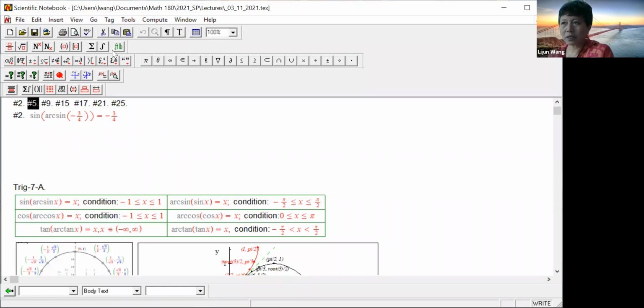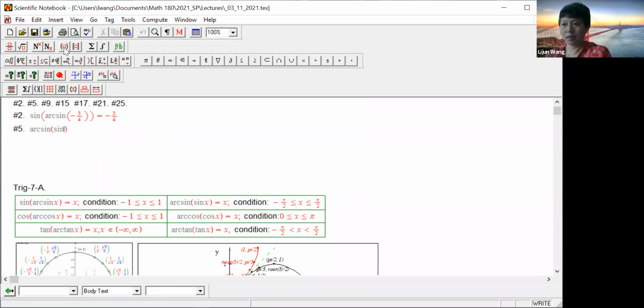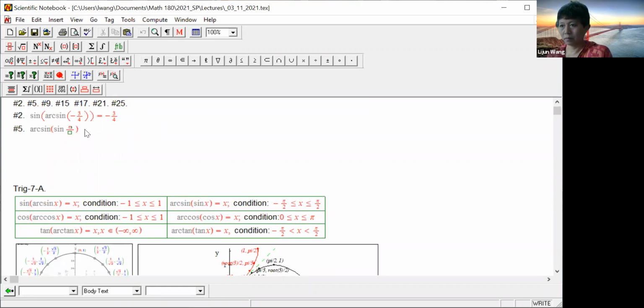Okay, so let's look at number 5. What do you think of number 5? Arc sine of pi/3. This sign, which one does it refer to?